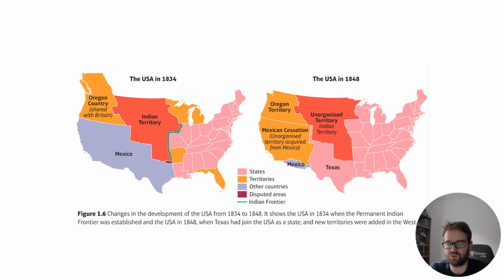A great graphic, this one, because it shows the states in the east in 1834, and then by 1848 look at the expansion. They're really wanting to take over the Americas at this point, manifest destiny. But we need to look at reasons why they want to move, and we'll come to that.